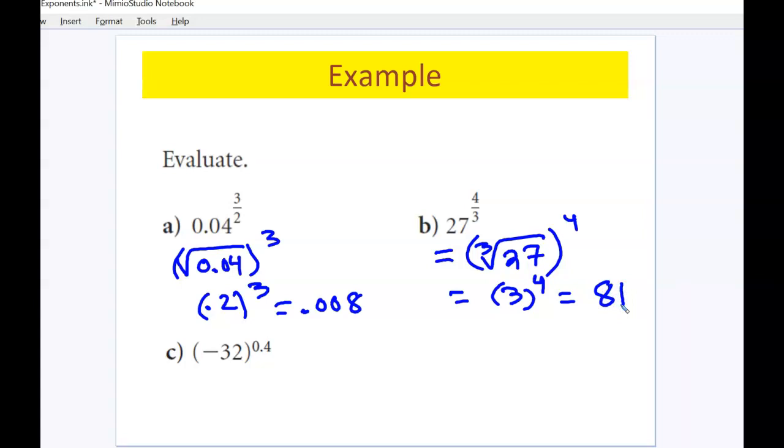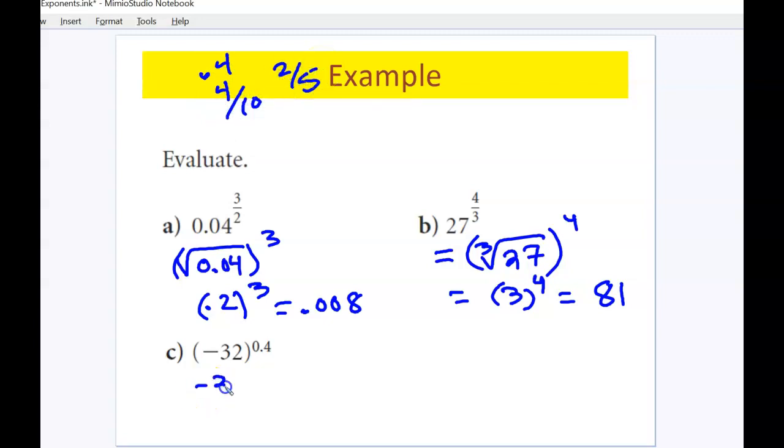Now some of you might look at question C and go, oh, my exponent isn't a rational number, but really, let's just stop and look at the 0.4 for a second. 0.4 is really 4 over 10, which reduces to 2/5.